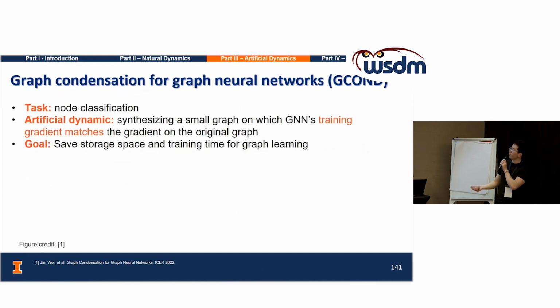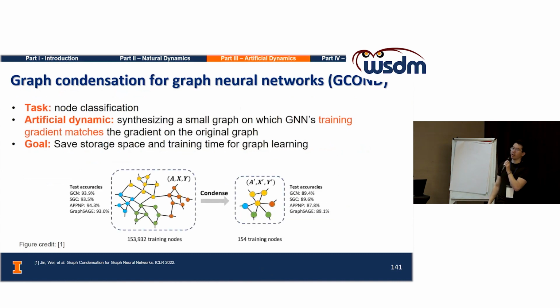The goal is to synthesize a smaller graph such that a graph neural network trained over this smaller graph can get comparable performance to another graph neural network trained on the large graph. Clearly, if we have an informative small graph for training graph neural networks, we can save storage space, and the training time will be saved a lot, right?